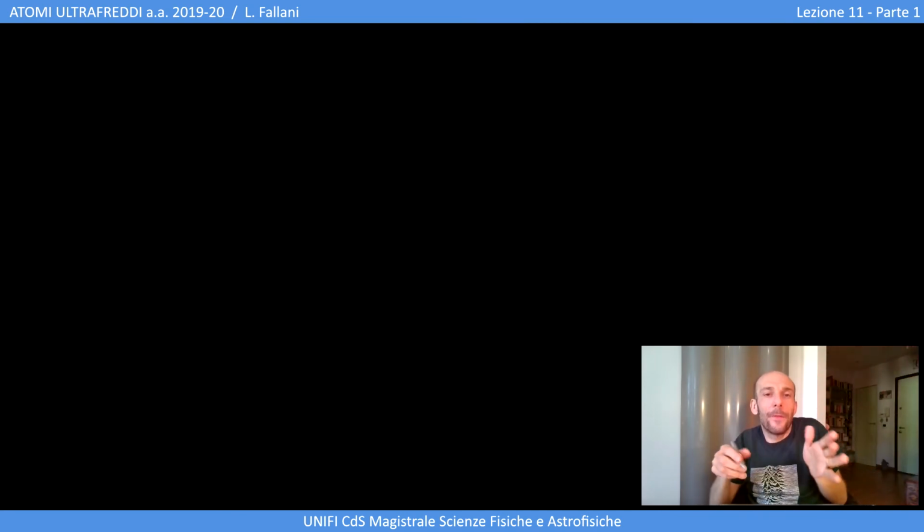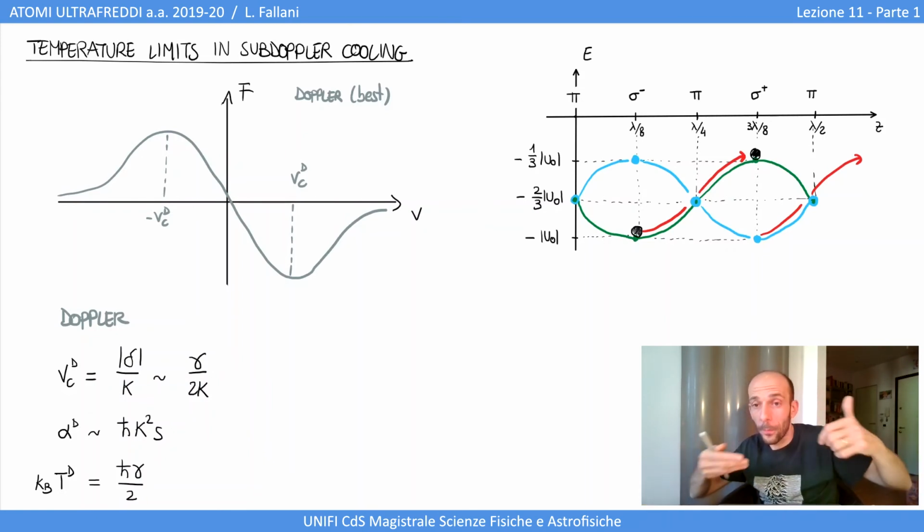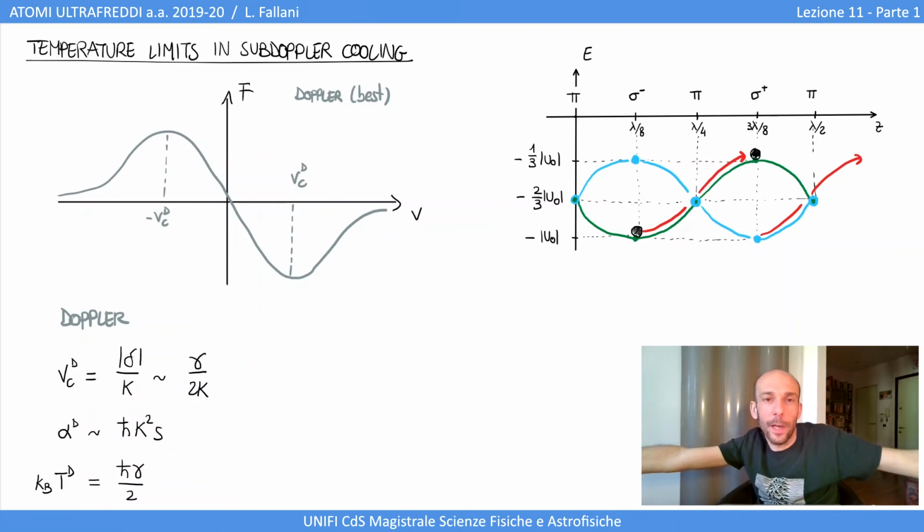So this is the luckiest situation: a distance lambda over 4 between different absorption and spontaneous emission events. In this way the atom can lose the maximum of potential energy with a maximum probability of optical pumping to the other state, and this is the best we can get.